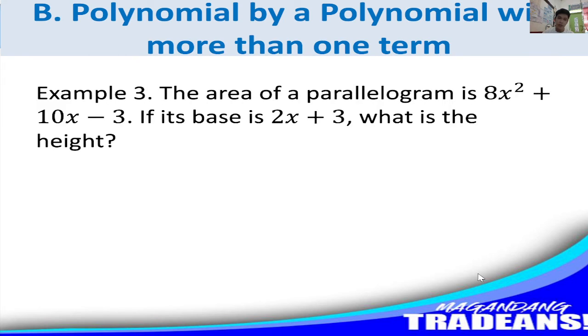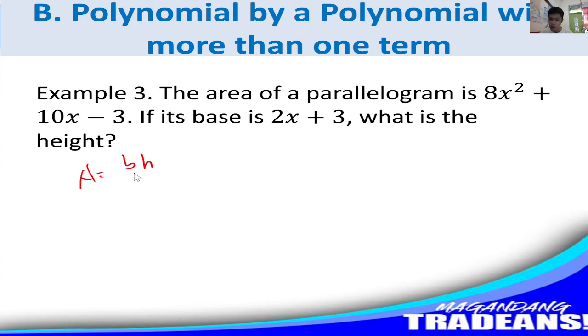What about this one? We have the given: the area of a parallelogram is 8x squared plus 10x minus 3. If its base is 2x plus 3, what is the height? So we all know that the formula for the area of a parallelogram is area equals base times height.